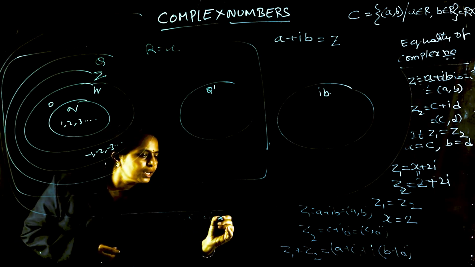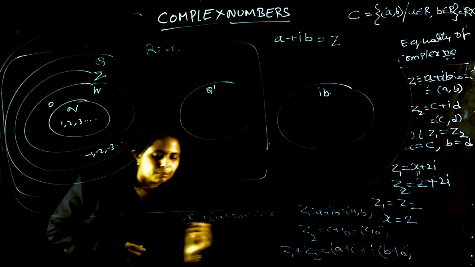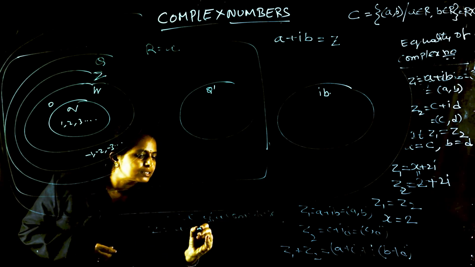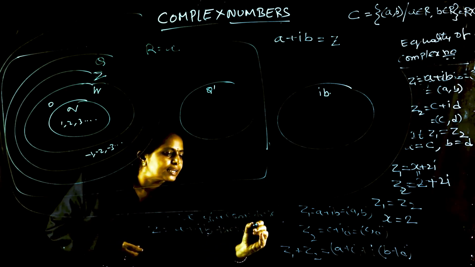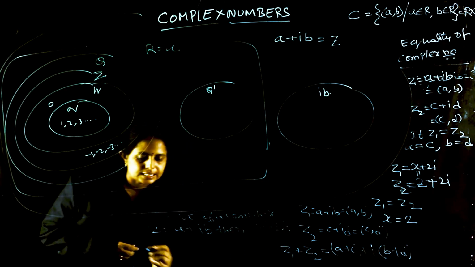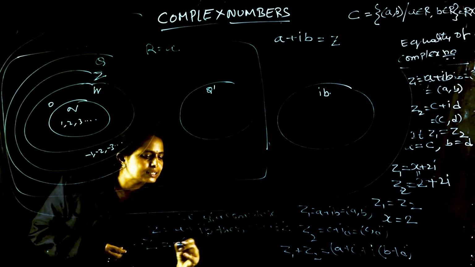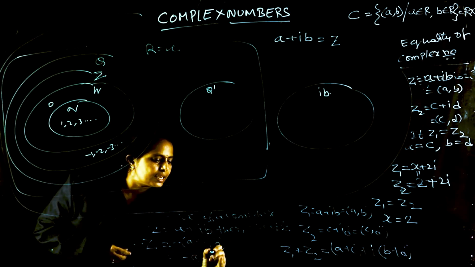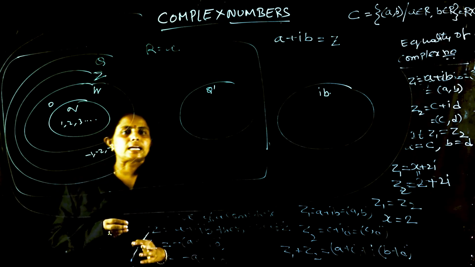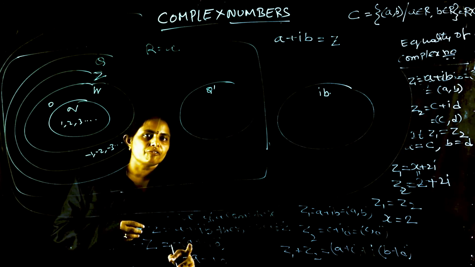Now let us see the negative of a complex number. If Z equal to a plus ib is a complex number, then the negative of Z is denoted by minus Z and is given as minus of (a plus ib), which is nothing but minus a minus ib. So for the negative of Z, we have to change the sign of the real part as well as the imaginary part.